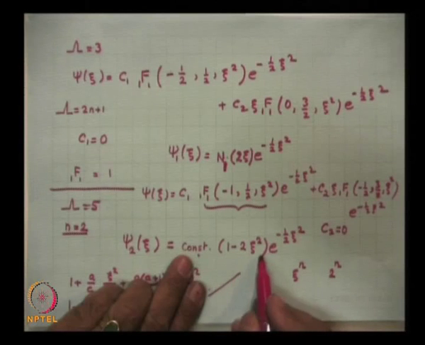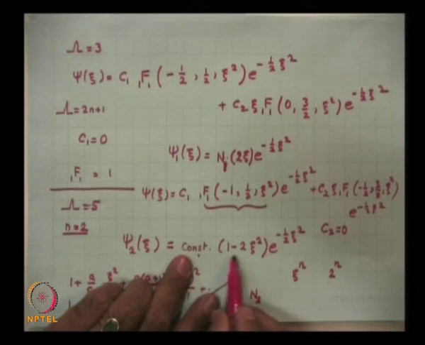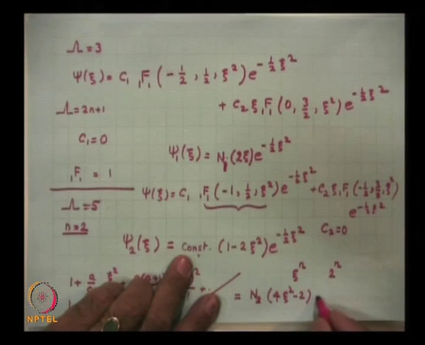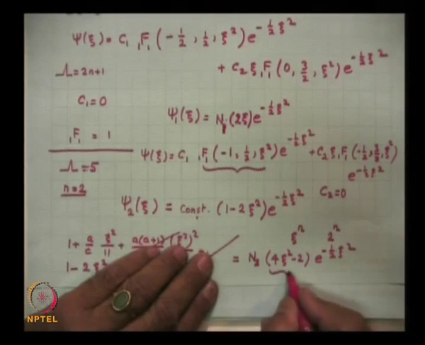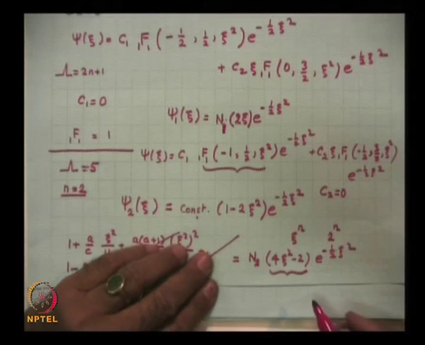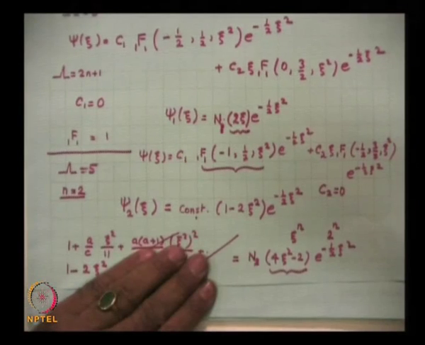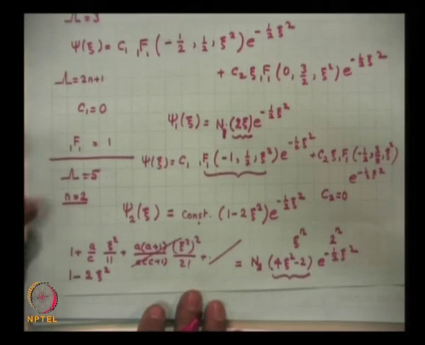If I multiply this by minus 2, then this becomes a constant, which I write as N2. Please see, if I multiply this by minus 2, then it will become 4 xi square minus 2, e to the power of minus half xi square. This quantity is the Hermite polynomial H2 of xi. H1 of xi is 2 xi. Let me do one more.